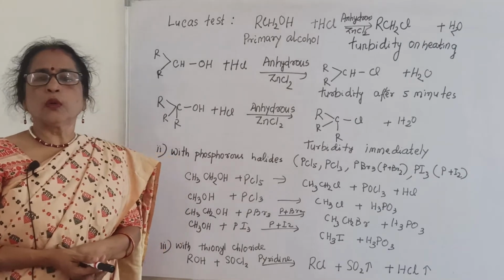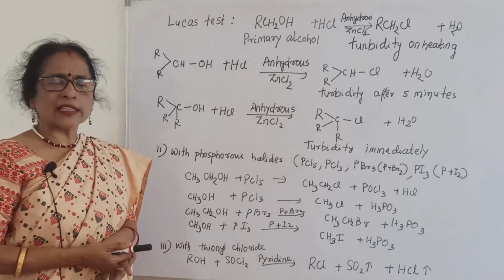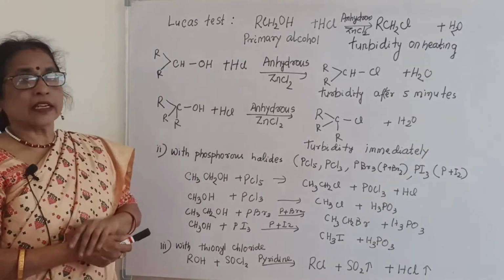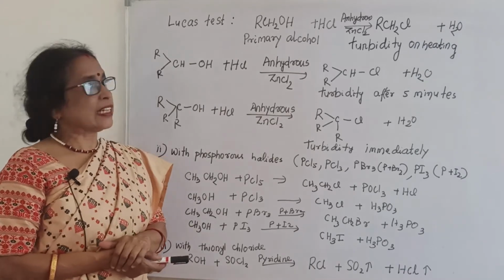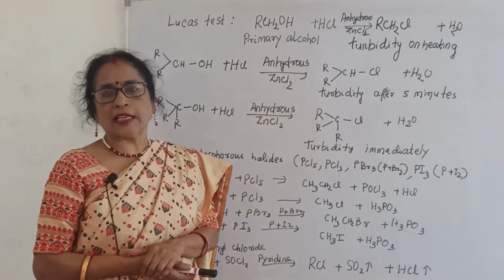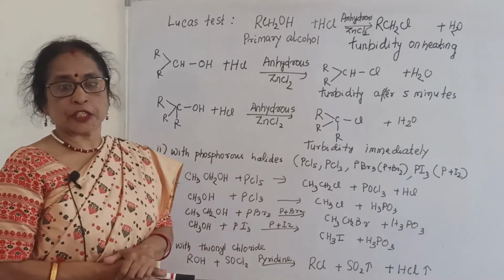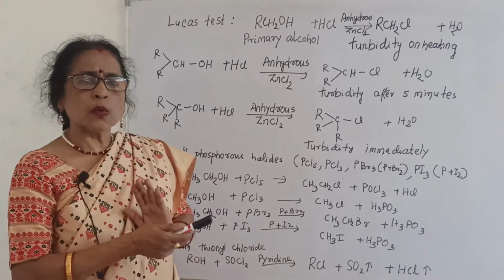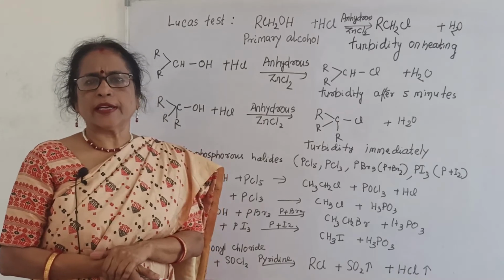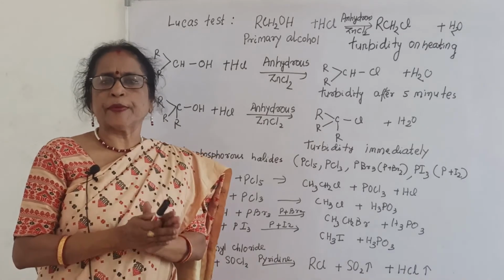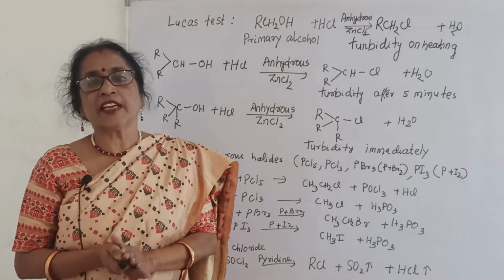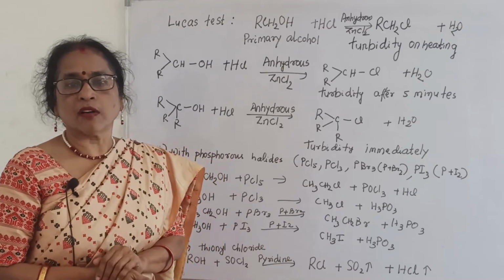In the Lucas test, a Lewis acid, that is anhydrous zinc chloride, is taken, which acts as a catalyst. This Lucas test is very important to distinguish between primary, secondary and tertiary alcohol.